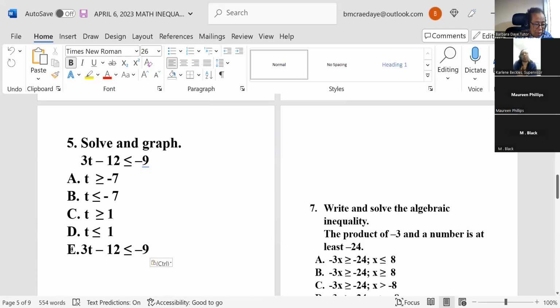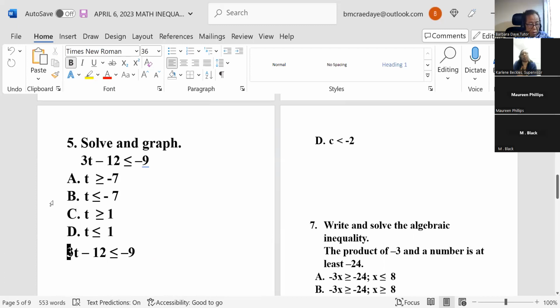Maureen, what kind of math are you doing? I'm adding first. A plus 12 and a minus 9 does not give you a 21, Maureen. So let me just say add 12 to both sides.